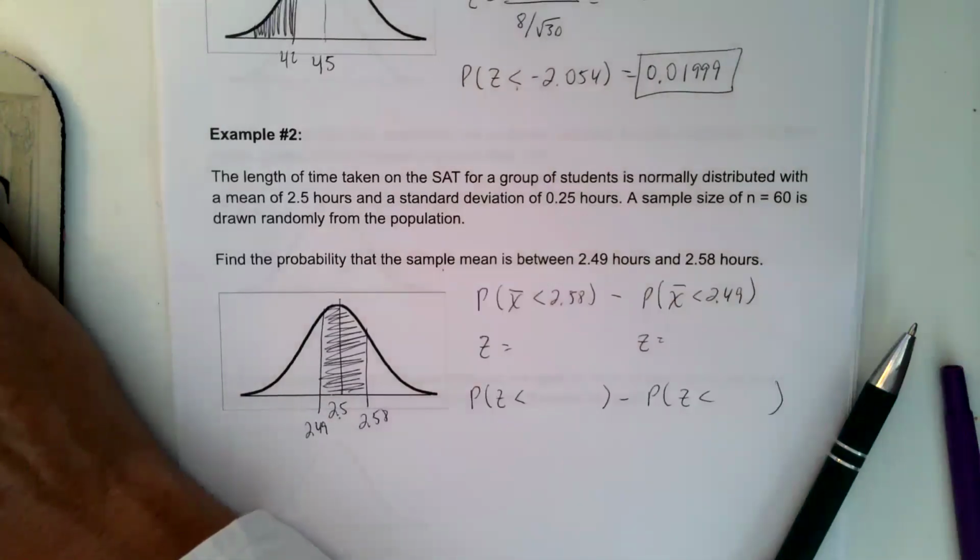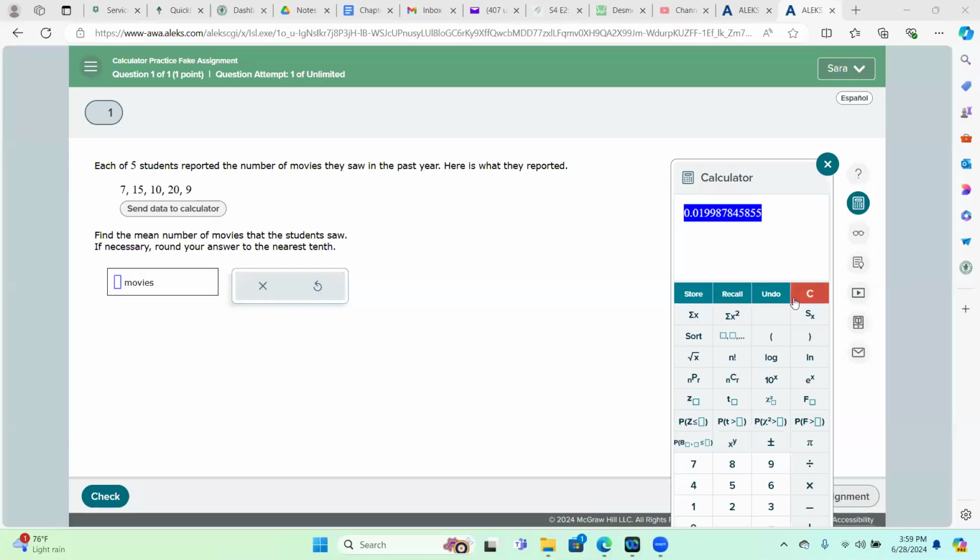Okay, so let's go to ALEKS to do that. Hopefully you have your ALEKS pulled up as well. And so we've got 2.58 subtracting 2.5 divided by 0.25 divided by the square root of 60, which was our sample size.